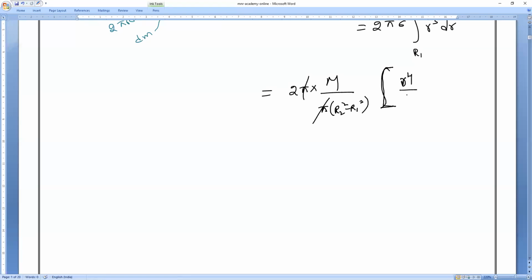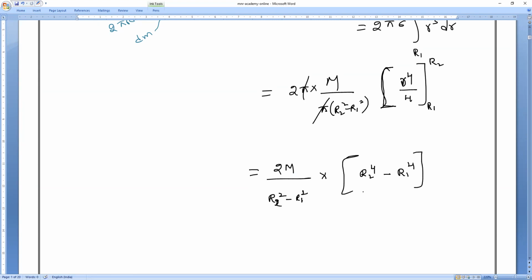Rudreswa, r4 divided by 4 with limits r1 to r2. So the answer is 2m divided by r2 square minus r1 square, into the limits. If we substitute it, r2 power 4 minus r1 power 4. So this is what will happen.